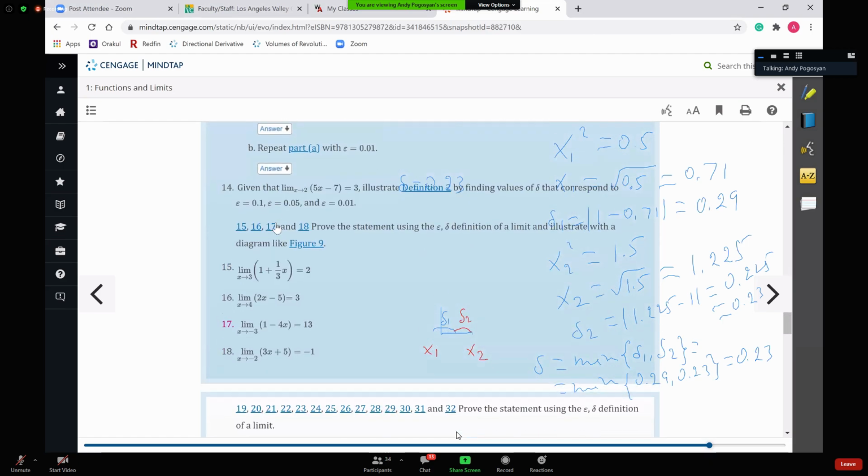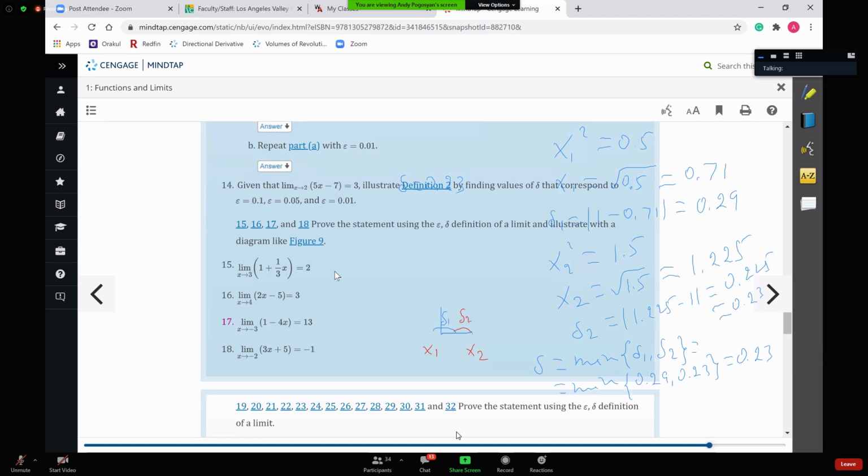Okay, read problem number 14. Given that the limit of 5x − 7 as x approaches 2 equals 3.